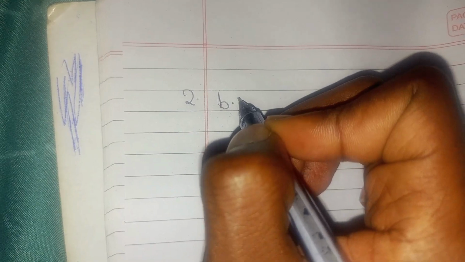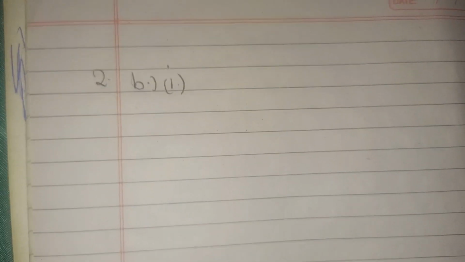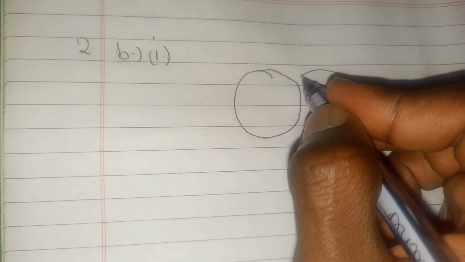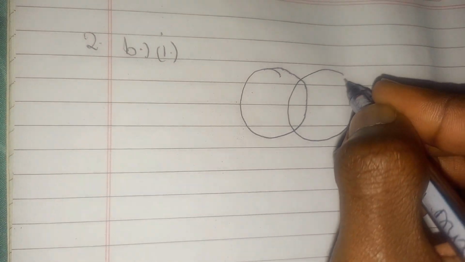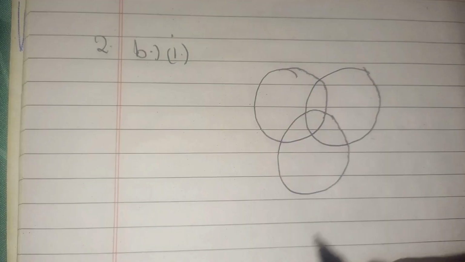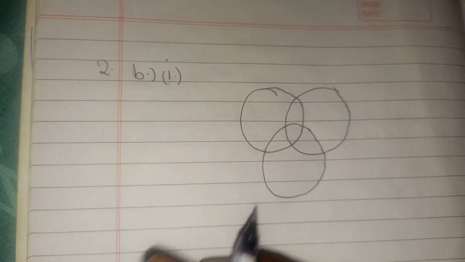So this is 2B1. So remember that numbering your questions is very important in the exam. It can result in a loss of marks. So I'm not drawing this to scale, but at least you have a solid idea of what's happening.